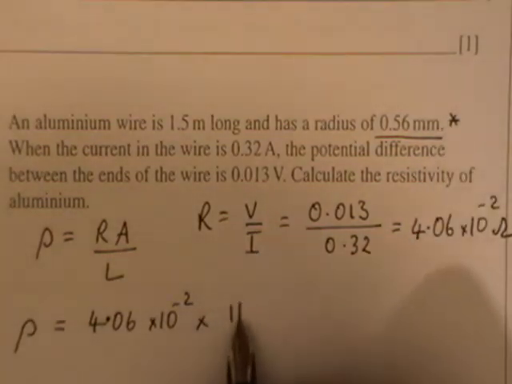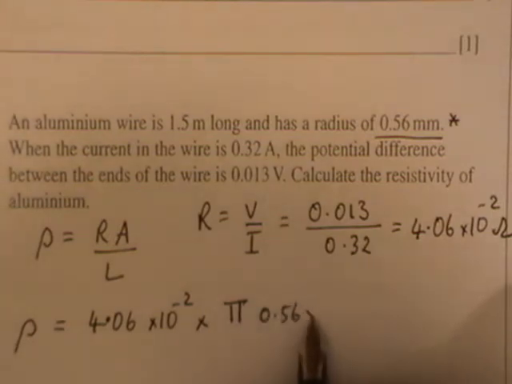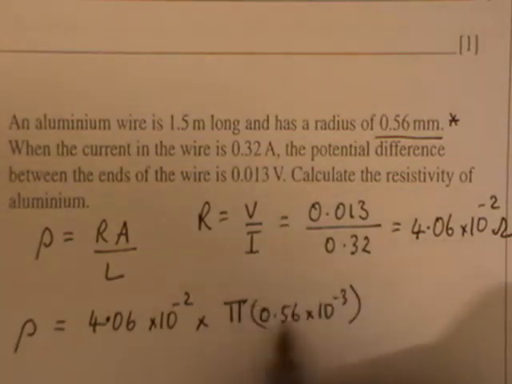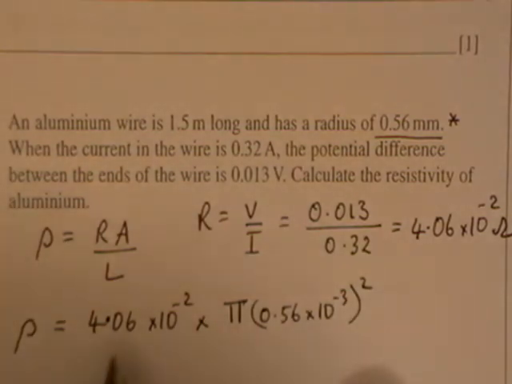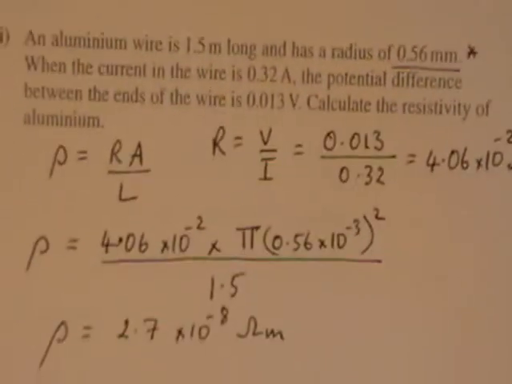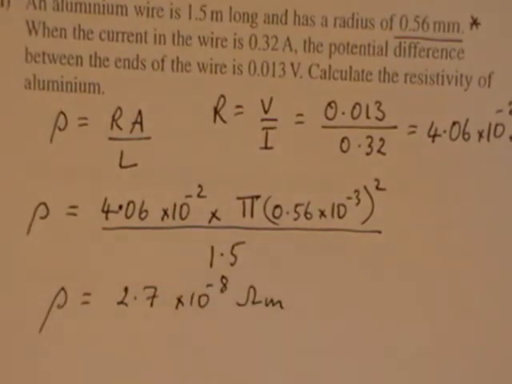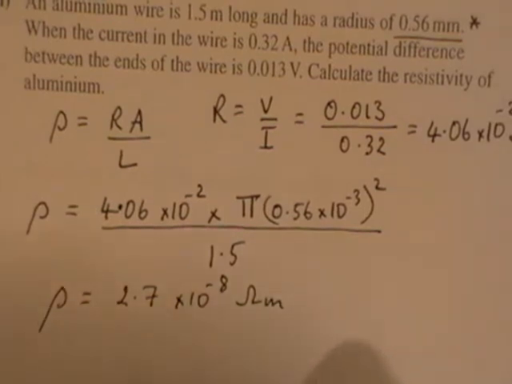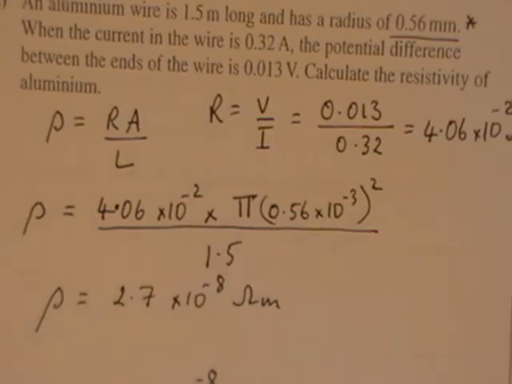So it's pi r squared, so that's 0.56 times 10 to the minus 3 all squared, pi r squared for the area, divided by the length, which is 1.5 meters long. Put that all into your calculator and work that out. That gives us 2.7 times 10 to the minus 8 ohm meters. It's for a metal, it's for aluminium, so something times 10 to the minus 8 is a good kind of value to have. So 2.7 times 10 to the minus 8 ohm meters, we'd be happy with that.